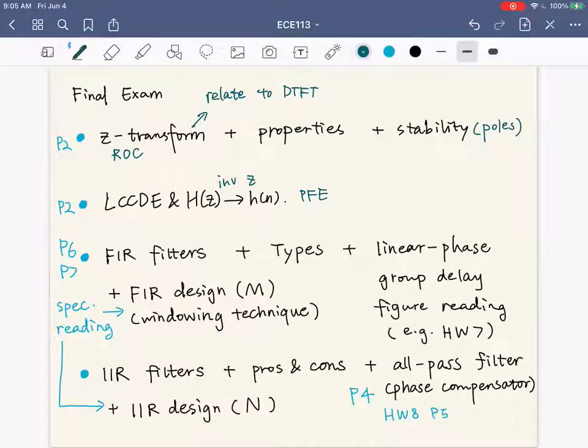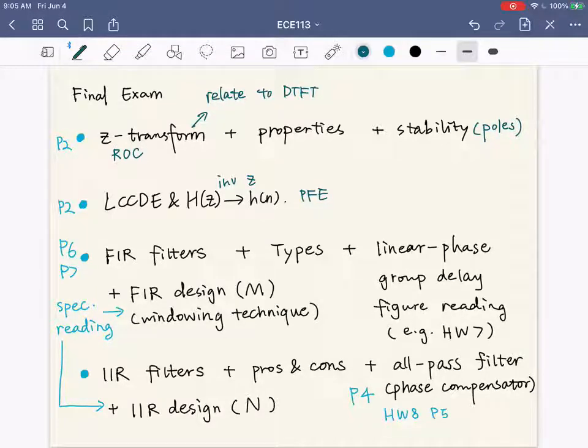After that we'll move on to discuss the filters. The FIR and IIR filters are a very important part of our class, but they look so complex, right? There are so many kinds of filter types, and they also introduce new concepts like linear phase, group delay, and phase delay.